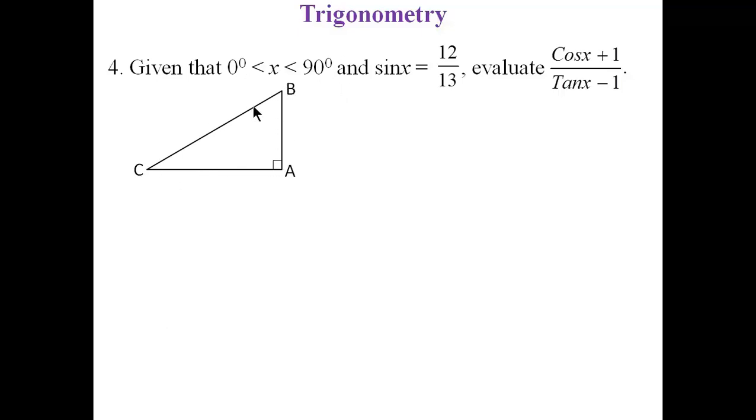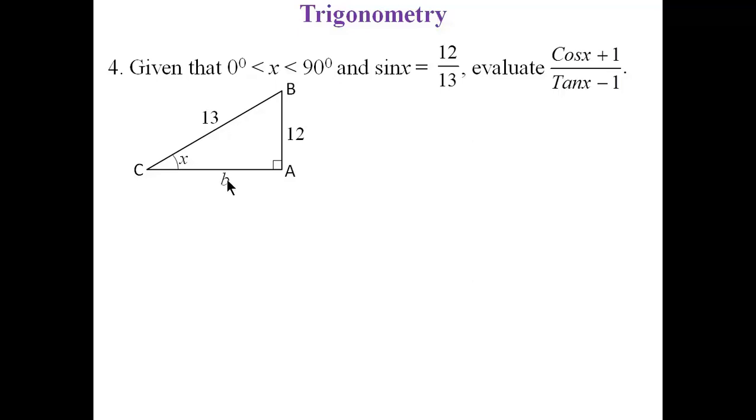So identify any of the angles as x. So we have this as x. The ratio concerning sine is sine theta is opposite over hypotenuse. So from here, our opposite is 12 and our hypotenuse is 13.